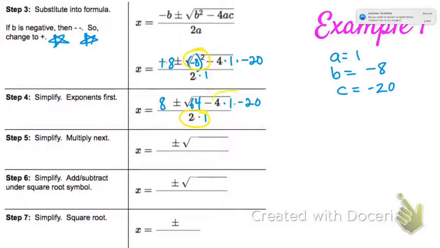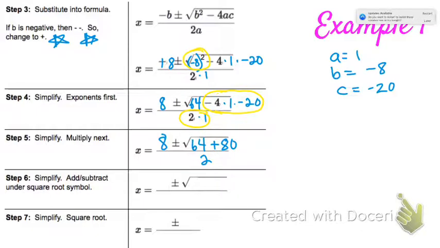I'm going to think of this as negative 4 times 1 times negative 20. So everything else stays the same. So I still have my 8 and my 64, but negative 4 times 1 times negative 20 is positive 80. And then 2 times 1 is 2.